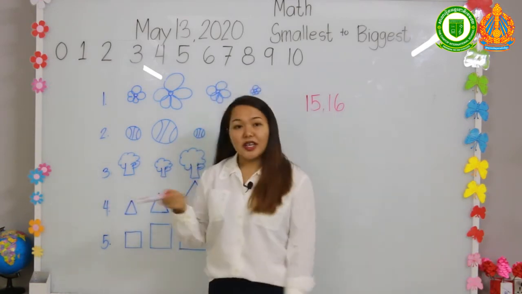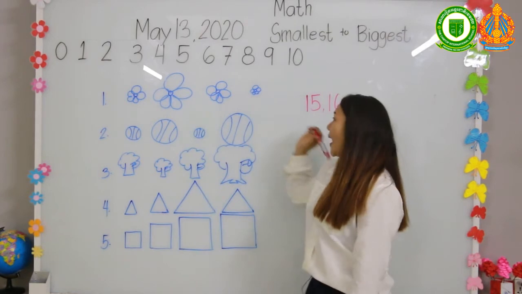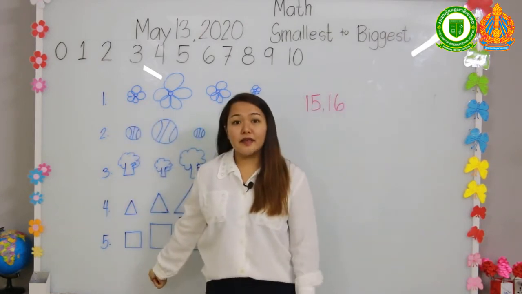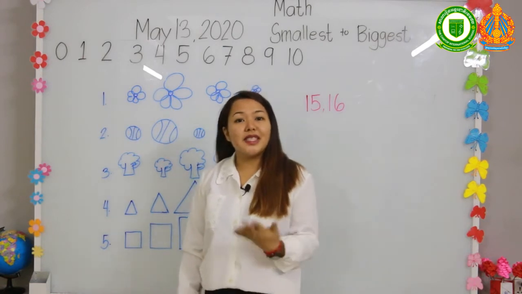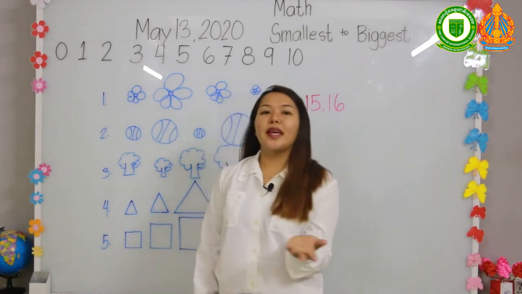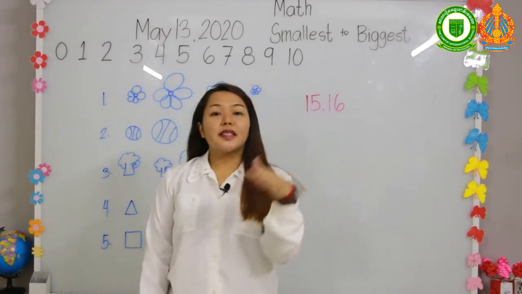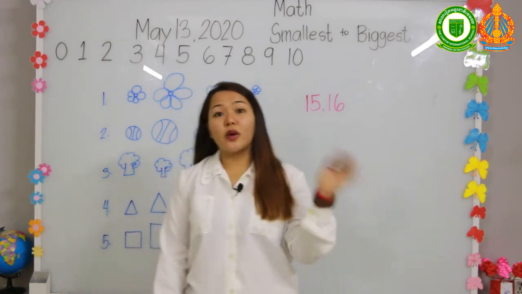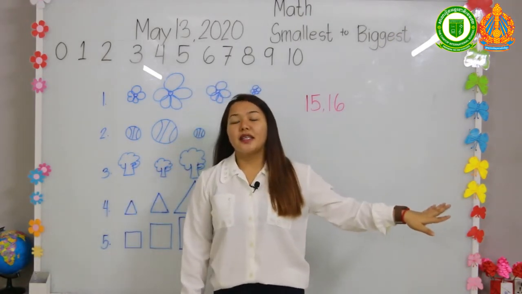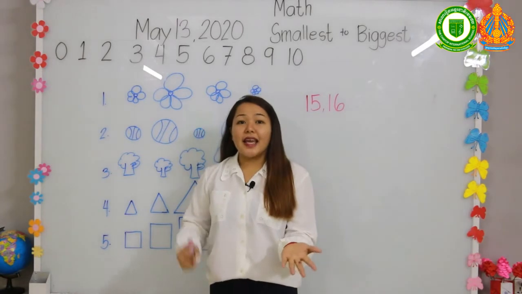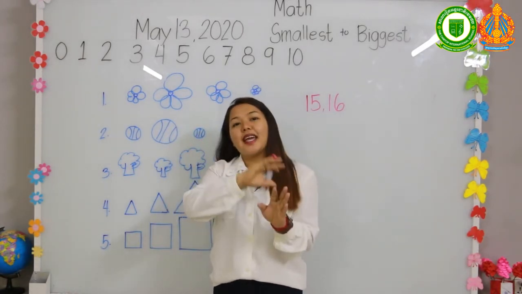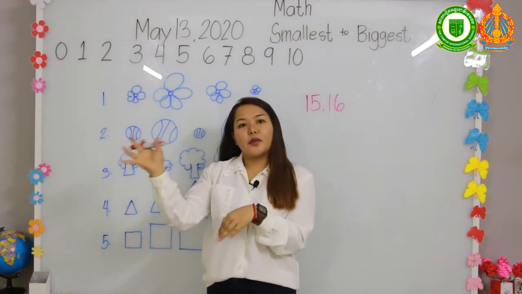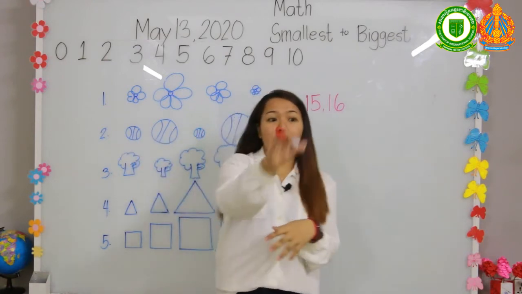So let's start. Okay, I have here 5 activities, and what are we going to do? The same thing that we just did earlier. We're going to write numbers either from 1 to 3 or 1 to 4 and so on. So if there are, let's say, 5 pictures in different sizes, then you must put numbers 1, 2, 3, 4, 5.